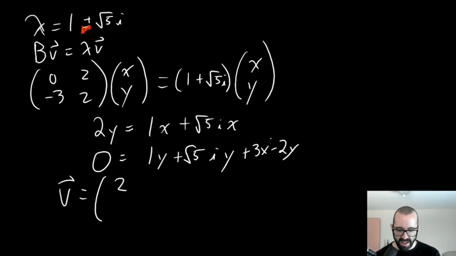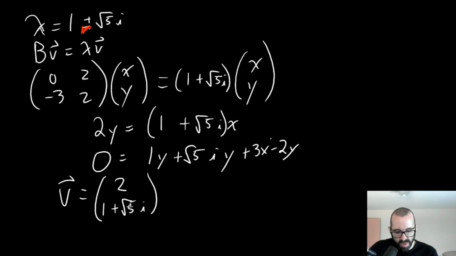And again, I'm sorry, this does get a bit tricky, it's been a while since I've taught clear ways of doing this. All right, if x is 2, what does y have to be to make this true? y has to be the other piece. 1 plus root 5 times I.